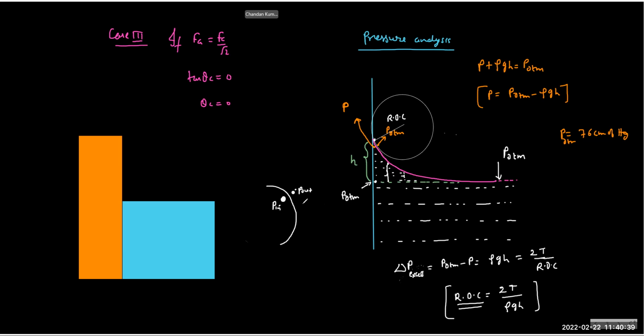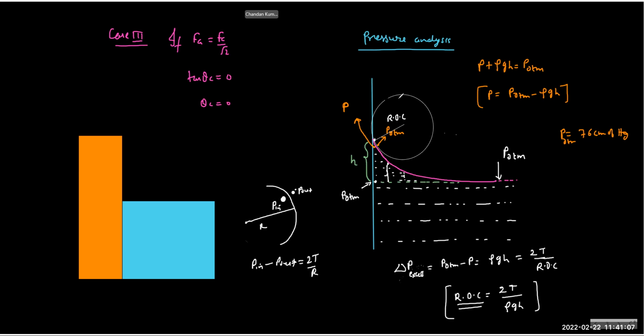The pressure on the concave side will always be more than on the convex side, and the difference will be related to the curvature of this surface. If it is R, then P inside minus P outside is always equal to 2T by R, and R is the radius of the sphere. Here R is the radius of curvature. So you can think this is the imaginary sphere available to us.